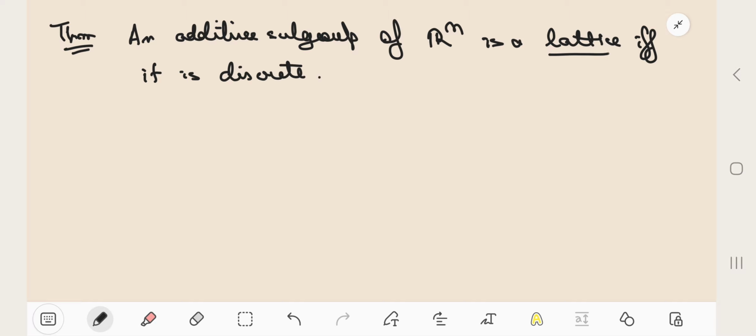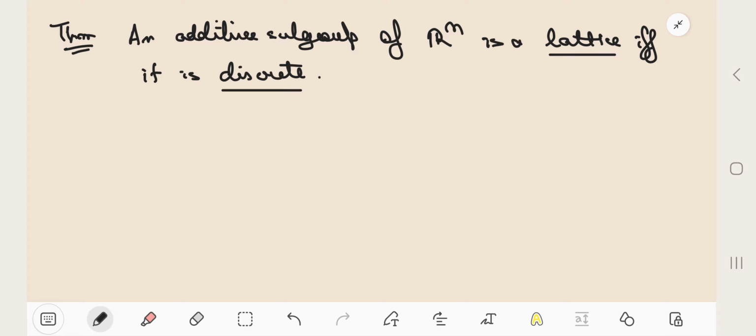Okay. So it is a lattice if and only if it is discrete. So in order to talk about lattices, it will be enough to talk about those vector subspaces of Rn which intersect the closed ball of radius r centered at 0 only at finitely many points.